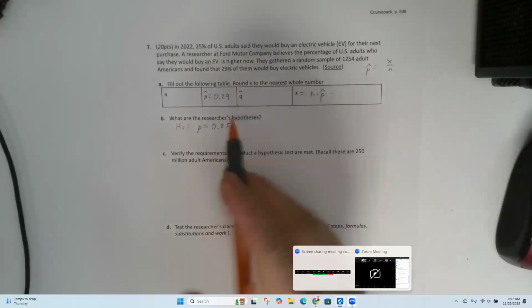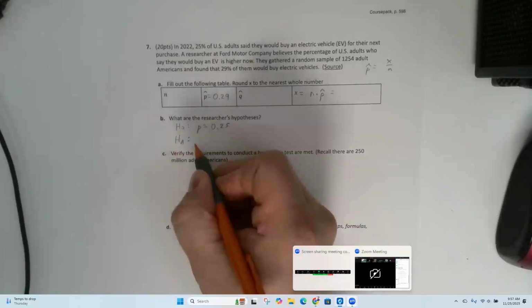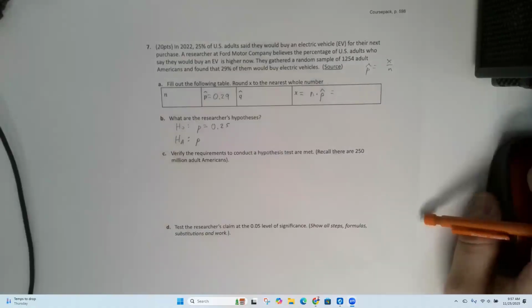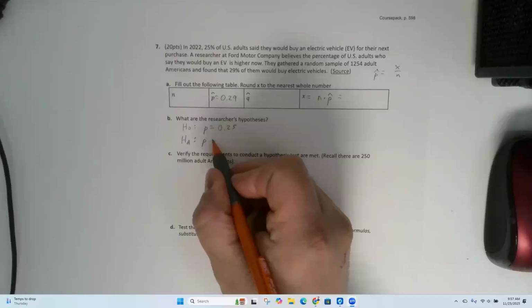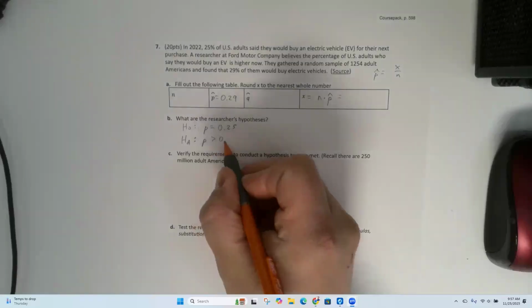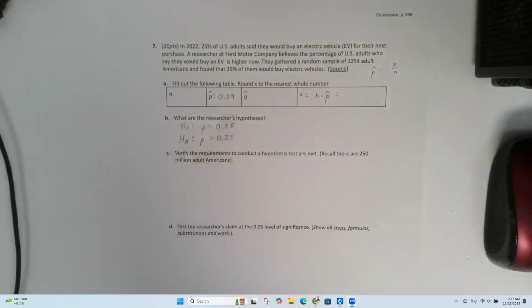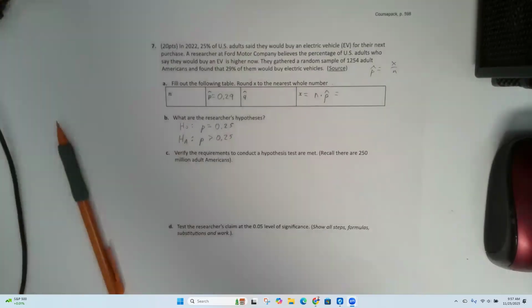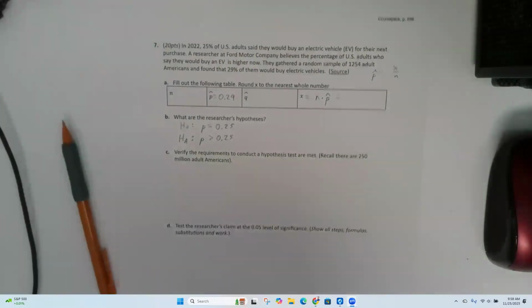Because this researcher thinks that the alternative hypothesis is true. They think that it's gone up. So they think that now in 2025, the percent has gone up, it's higher. And the null hypothesis is saying, no, it's the same.